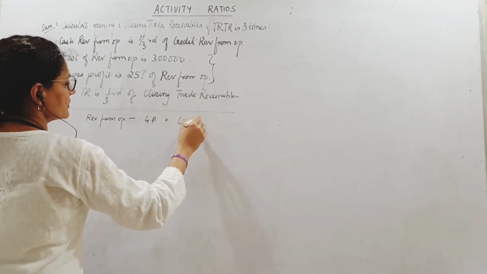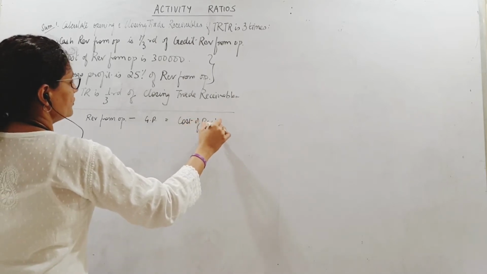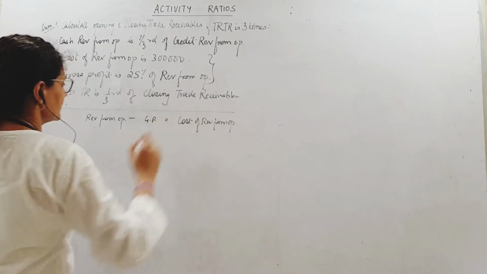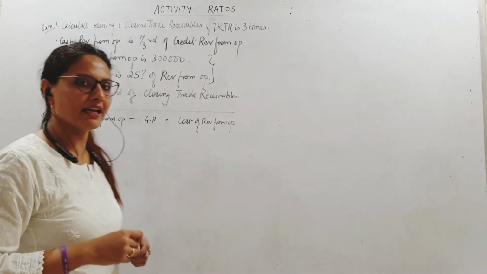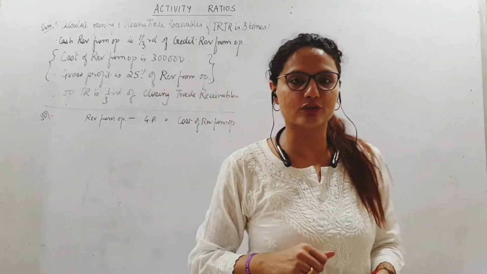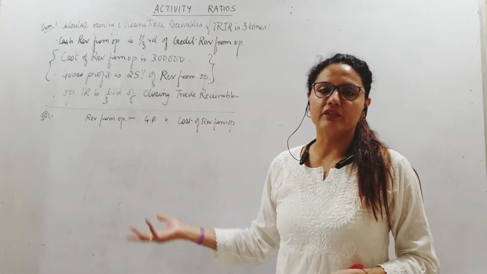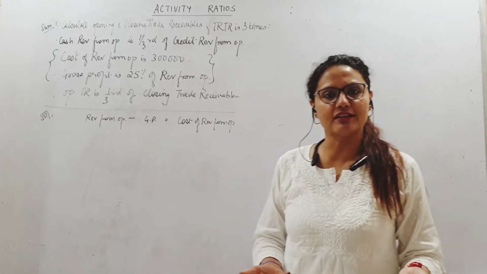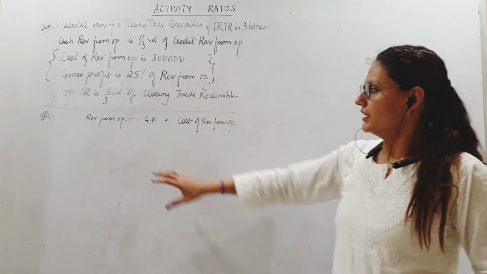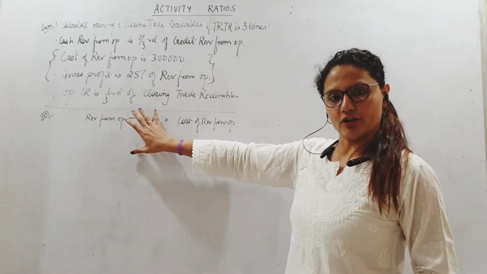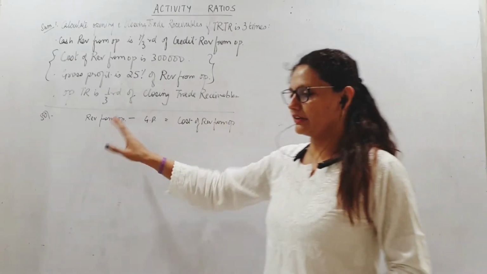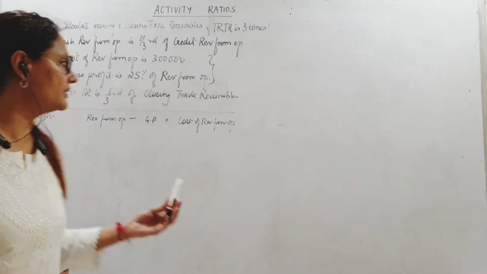Cost of revenue from operation. Yes, this is what we have done. Sales minus gross profit is cost of goods sold. Now it is called cost of revenue from operation. Just the terminology has changed, the formula remains the same. So revenue from operation minus gross profit is cost.